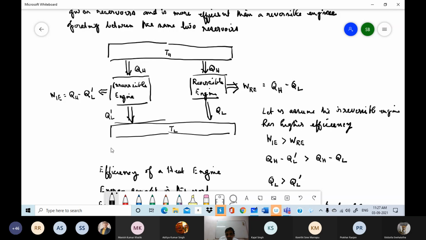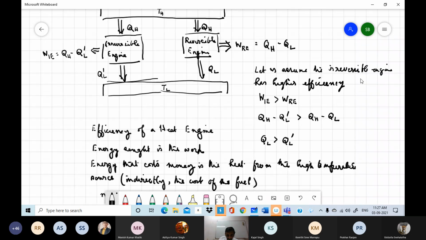Now, the reversible engine by definition can be reversed. So let's do that.